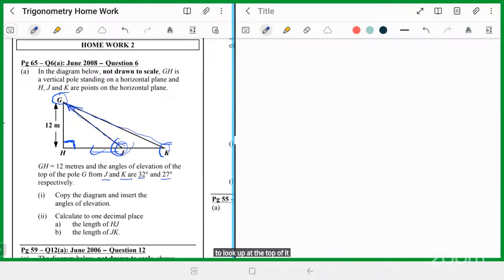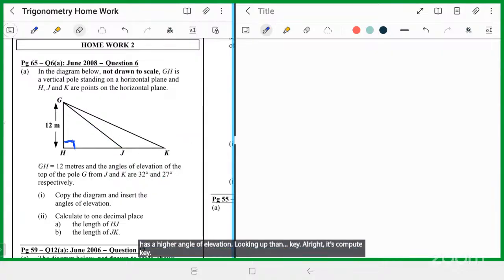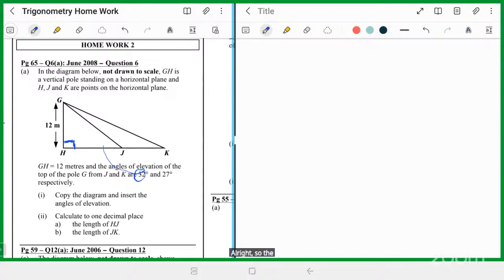So the point J has a higher angle of elevation than K. The 32 belongs to this, and the 27 belongs to that.